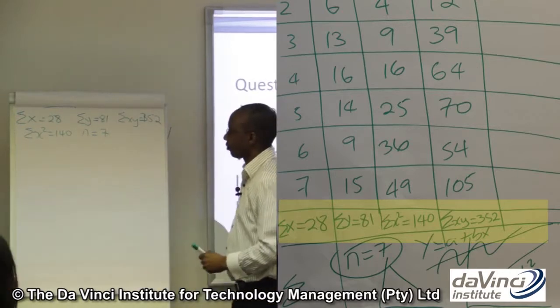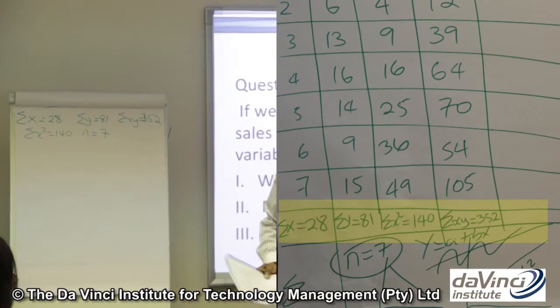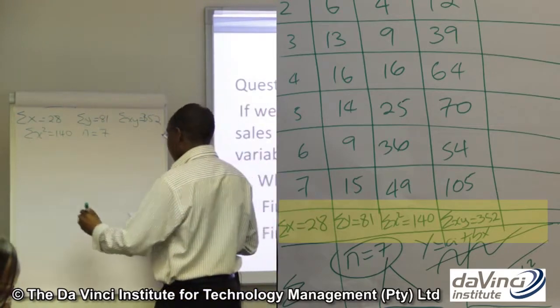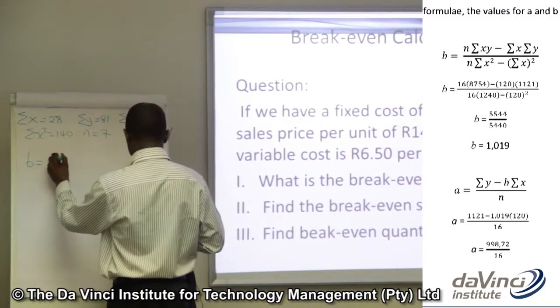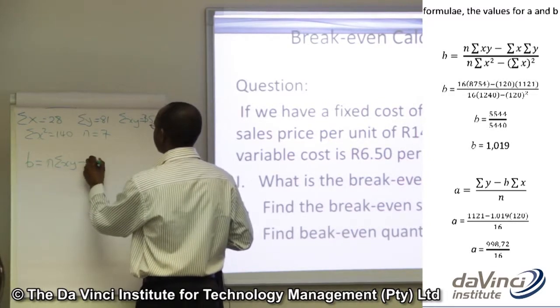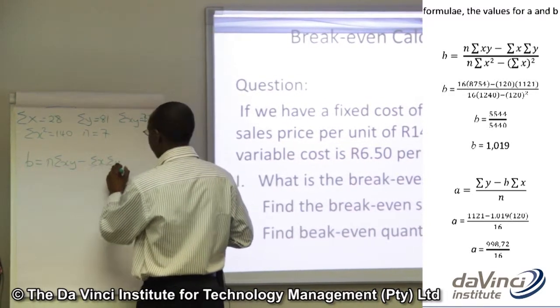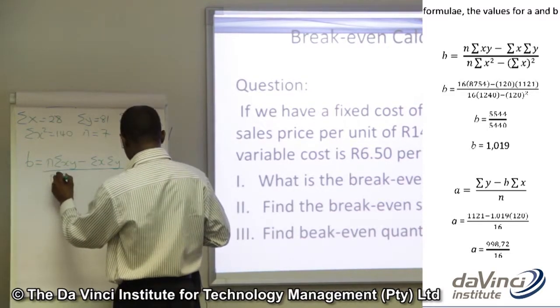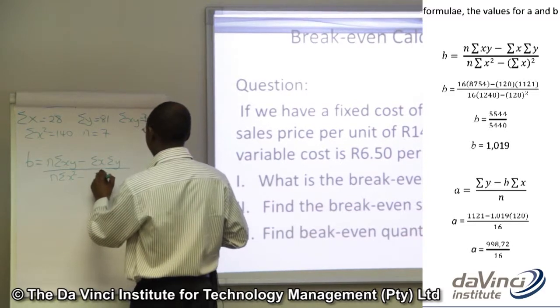Now what is the formula for finding b? B is given by n times the summation of xy minus the summation of x times the summation of y, divided by n times the sum of x squared minus the sum of x all squared.